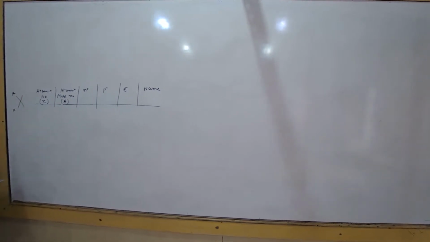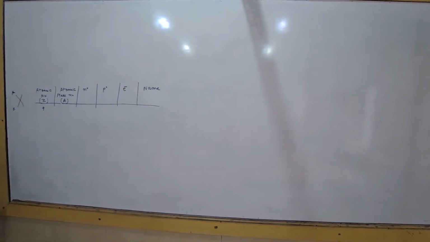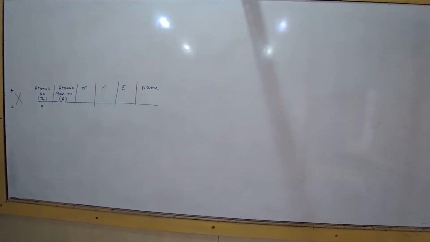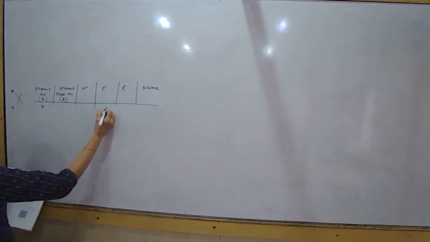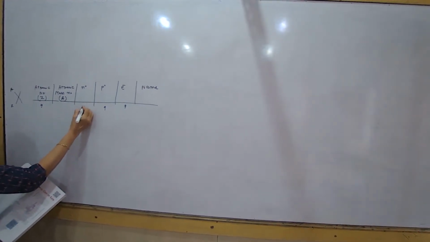A will come here. Now, atomic number is 9. This is given to us. The moment atomic number is 9, what else will be 9? Proton and electron would be 9. Correct. So proton will be 9, electron also 9. Next thing that is given is number of neutrons. They have given it as 10.